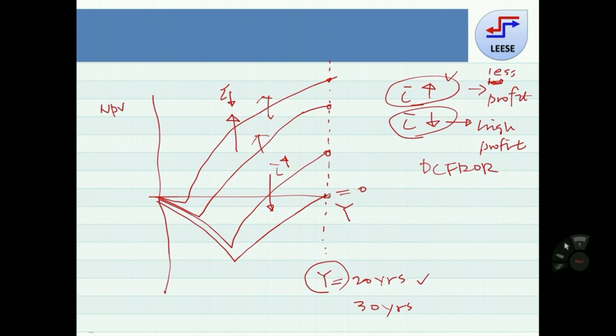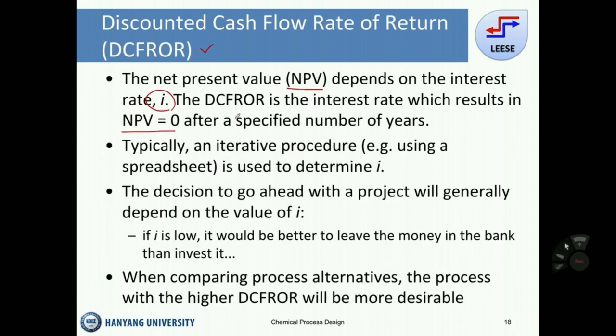Then when this final NPV becomes 0, that interest rate is called DCFROR. So the net present value becomes 0 after a specified number of years. That interest rate is called DCFROR, okay?